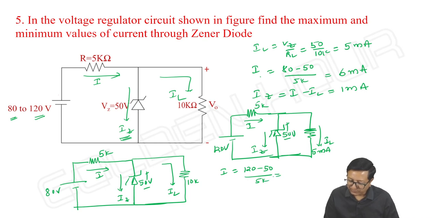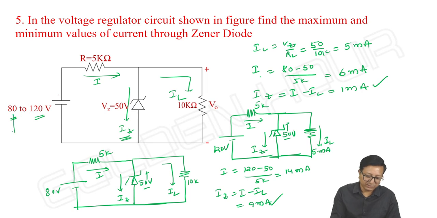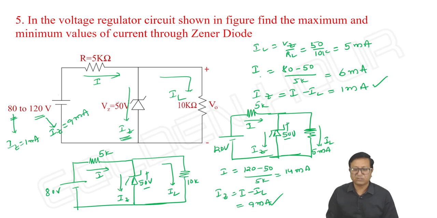So 70 by 5, 14 milliampere. Then IZ is equal to I minus IL. 14 minus 5, it is equal to 9 milliampere. Okay. The range of IZ is 1 milliampere to 9 milliampere. Right. If 80, the corresponding IZ is equal to 1 milliampere, and if it is 120, the corresponding IZ is equal to 9 milliampere. That's it.